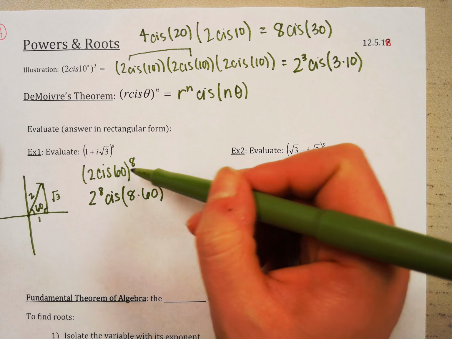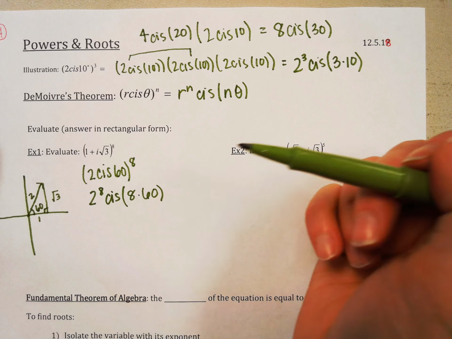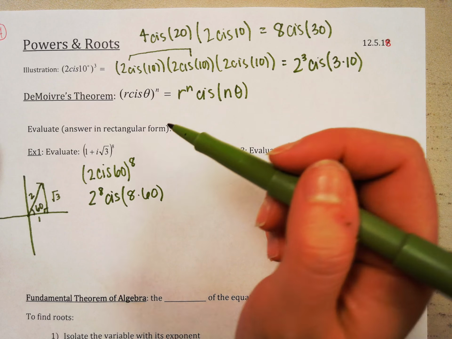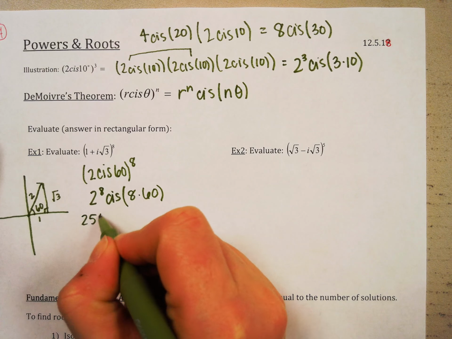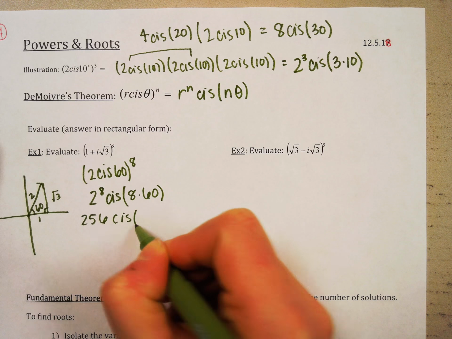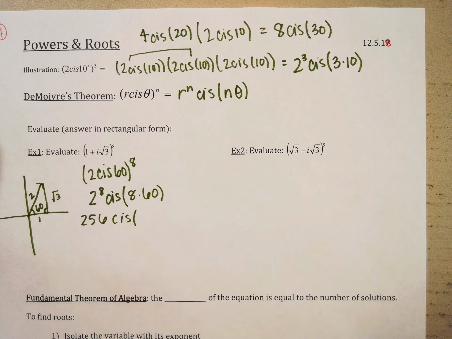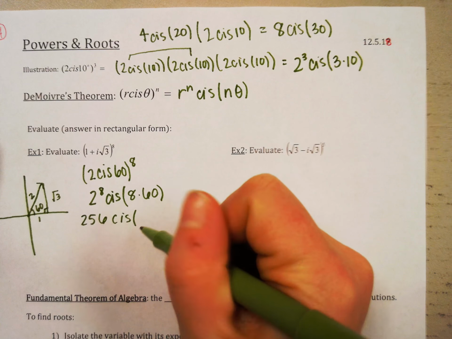And so I'm going to be adding it 8 different times. So it's just another way of saying multiplying. Okay, I'll do 2 to the 8th in my calculator, and you get 256. And 8 times 60 is 480.